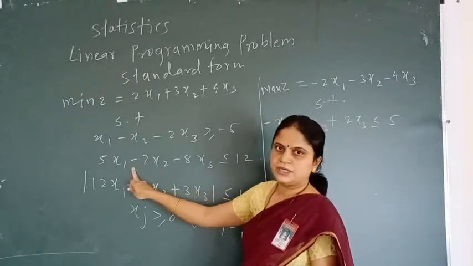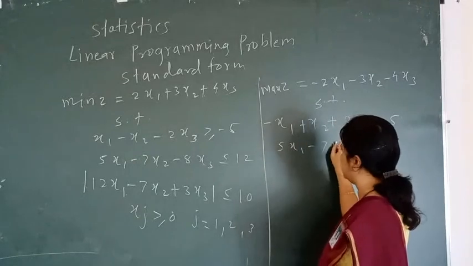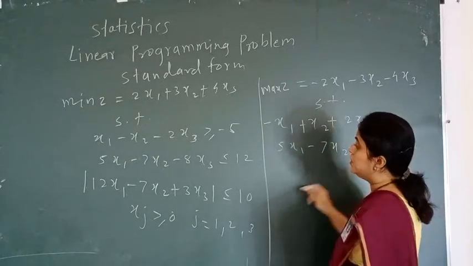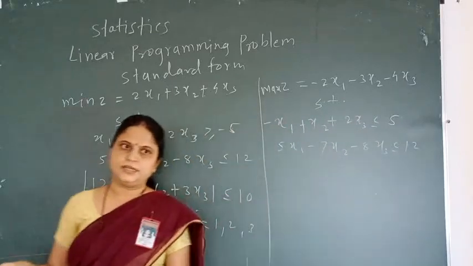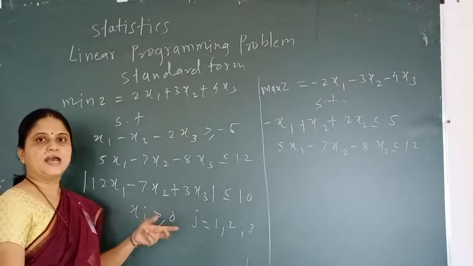Second constraint is already less than or equal to type, so I will write the constraint as it is: 5x1 minus 7x2 minus 8x3 less than or equal to 12. Now the next constraint is of modulus type, so that means in the mod I have two equations.